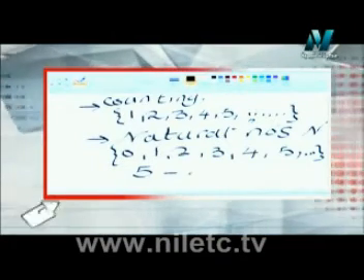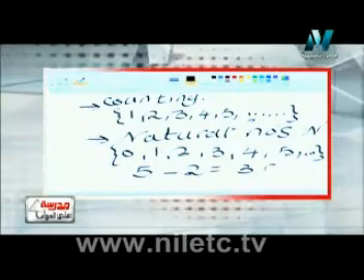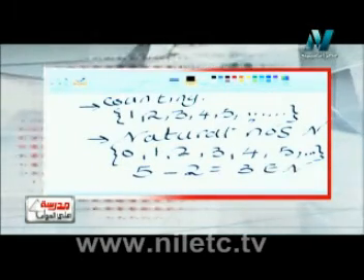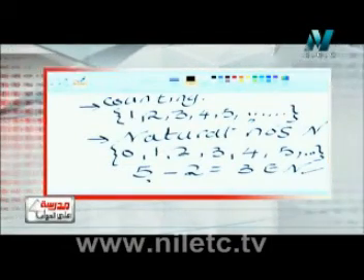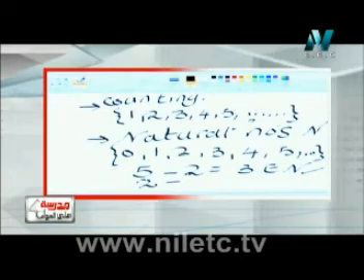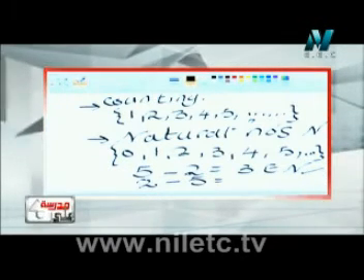Here I have two operations, 5 minus 2 equals 3. So 3 belongs to the set of natural numbers. It's okay. What about 2 minus 5? What about the answer?